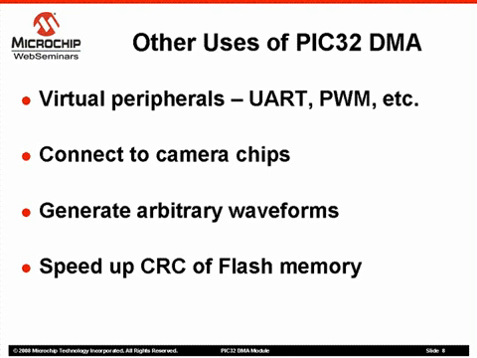The DMA module can also be useful in interfacing with camera chips. Given that most camera chips output continuous data, a DMA channel can be triggered to an appropriate edge of the camera clock and have it read image data via a set of GPIO pins and copy it into SRAM.